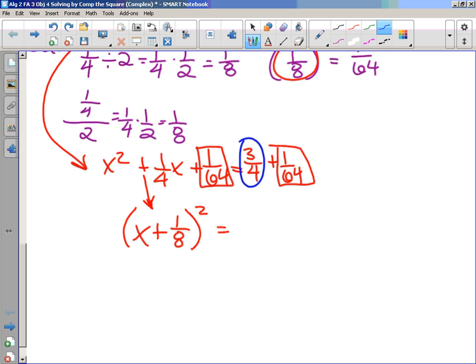There we go. Yep, times 16. Took me a second. Because 4 times 16 is 64. And then 3 times 16 is 48. Now that I have a common denominator, I can add those and get 49/64.